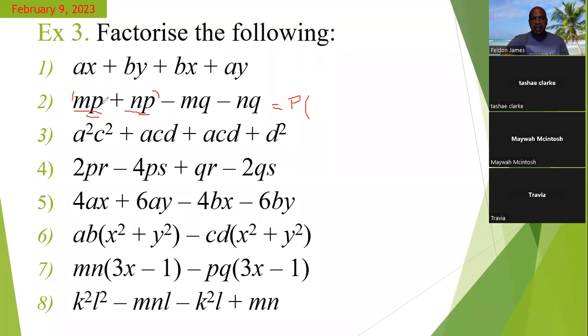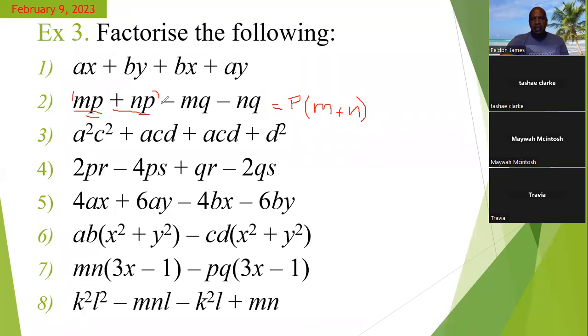So if you divide mp by p, the p's cancel out, leaving m. So you put the m here in the bracket, and then you keep the plus sign. Now you divide np by p, the p's cancel out, leaving n. So you're left with in the bracket m plus n.